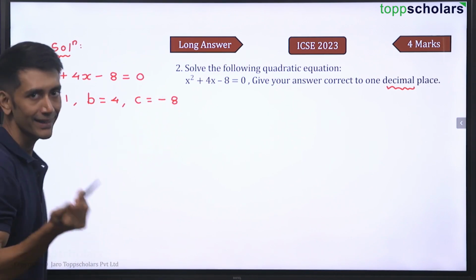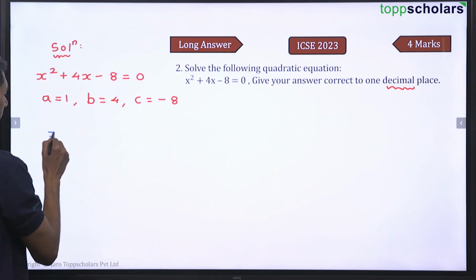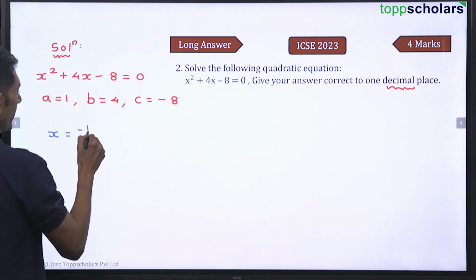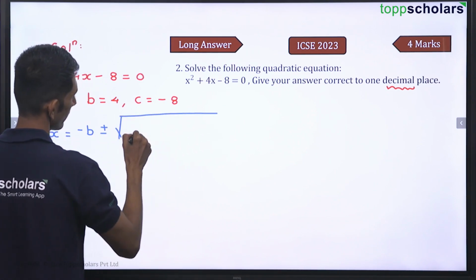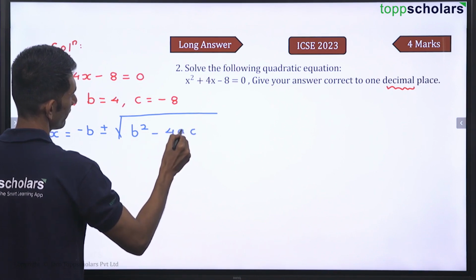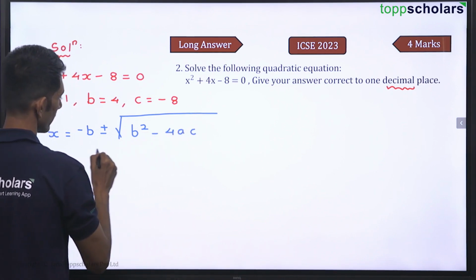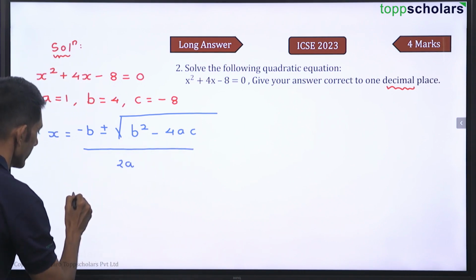What is the formula? Let us use the formula. We know that x is equal to minus b plus or minus under root b square minus 4ac, the whole divided by 2a, right?